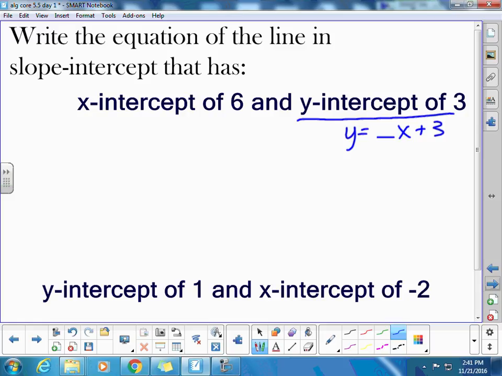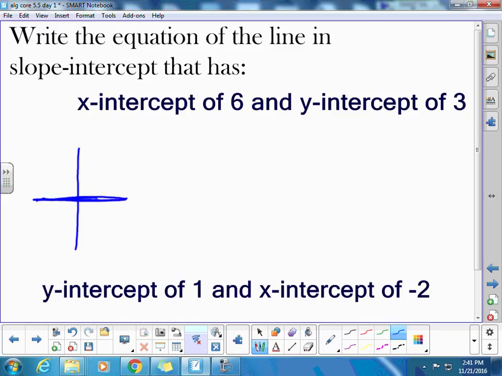So if I talk x-intercept, where it touches x, remember that's where somewhere on this line, I know on that line y is 0.